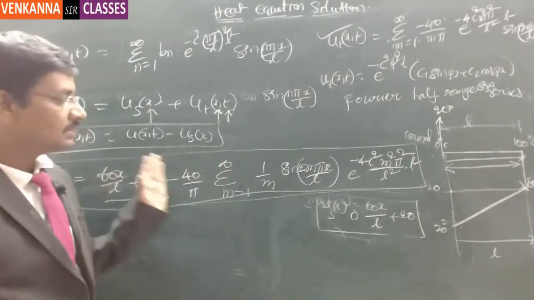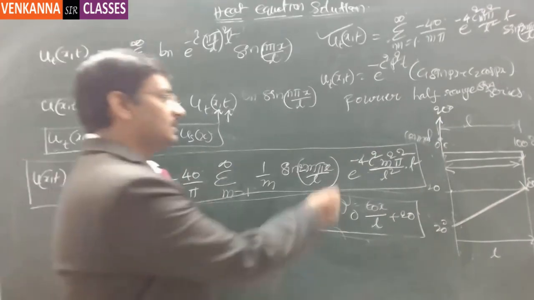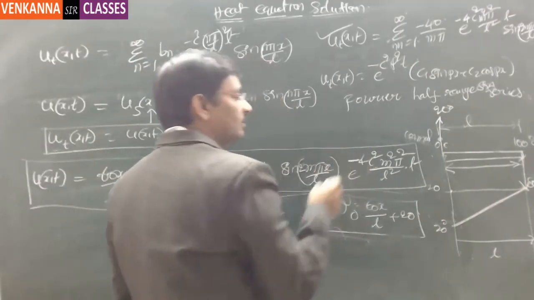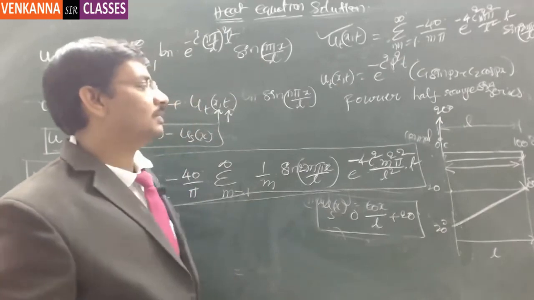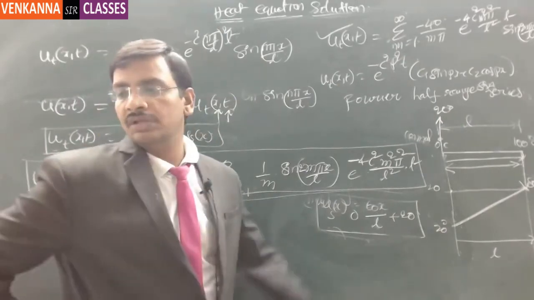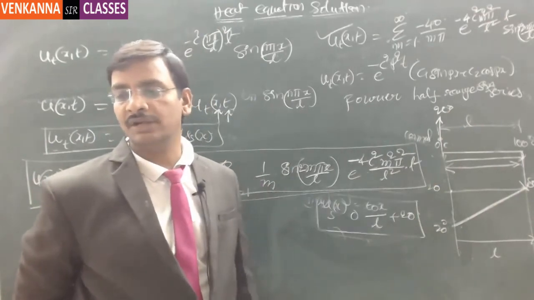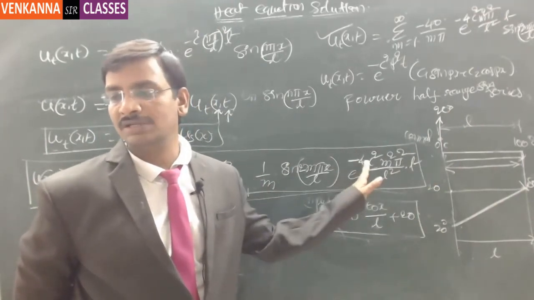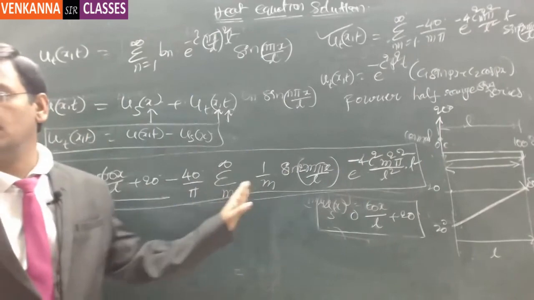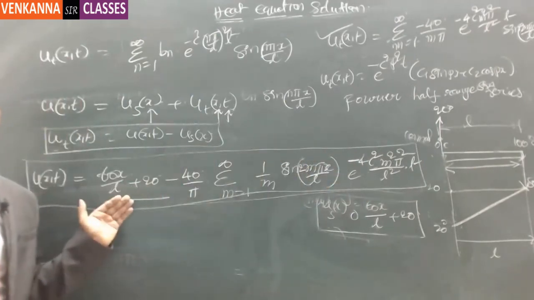Got it? If you notice clearly, this is e power minus 4 c square m square pi square by L square into t. Here, as t keeps on increasing, let us say t becomes infinite, then this is going to be e power minus infinity, and this entire part will become 0. Then we have only the steady state solution part.